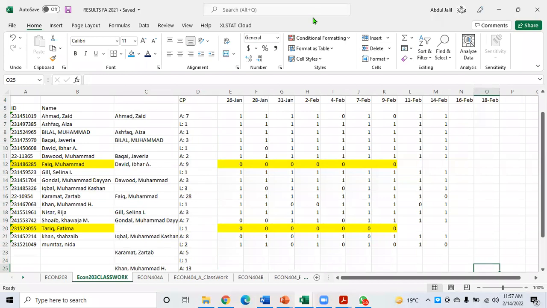Sir, excuse me. Sir, will you upload the quiz on Moodle? The quiz will be through Google Sheet. You'll share the link in the group?